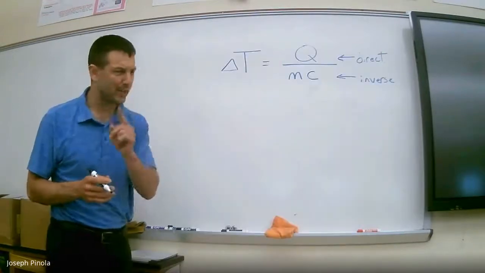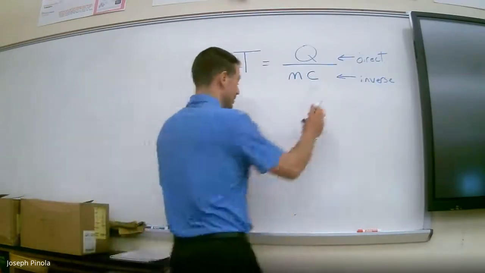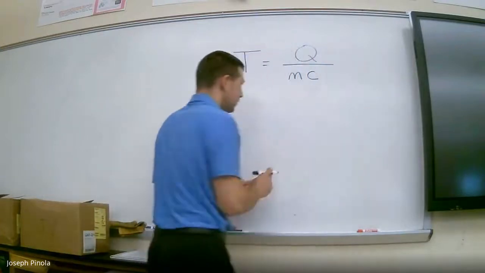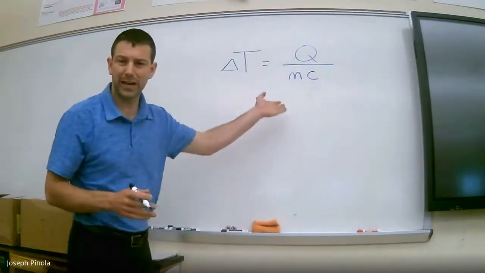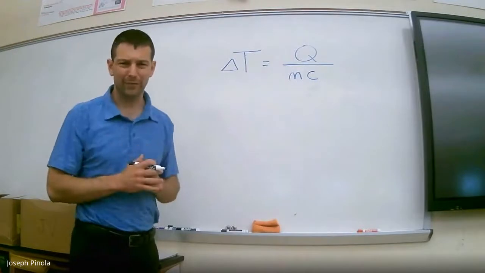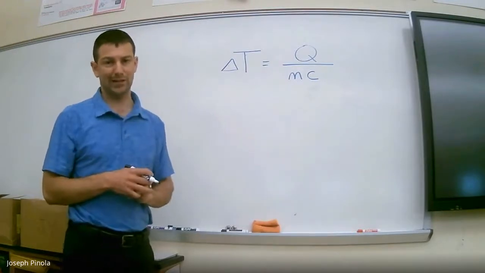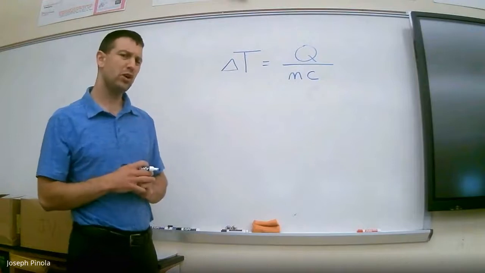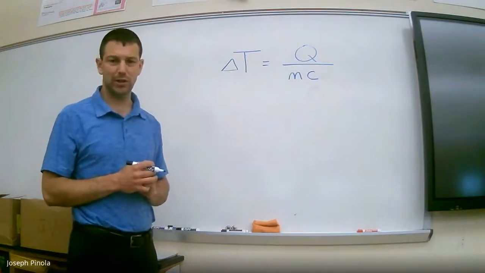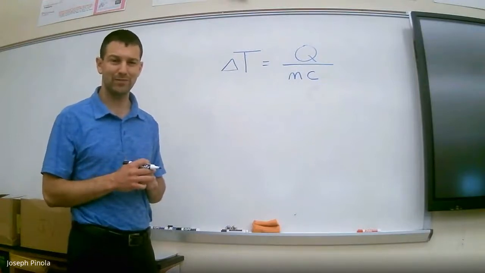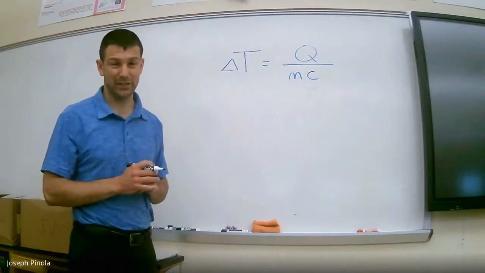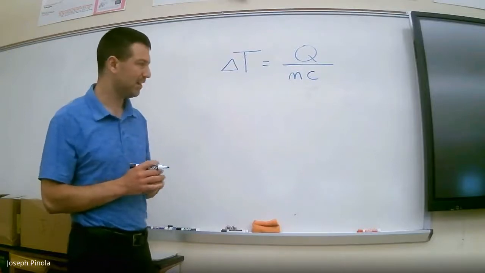Now, there's one thing I don't really like about this equation that we have up here, and that's the fact that it's a fraction. I don't really like fractions when dealing with mathematics, so I'm going to eliminate the fraction. Do you know how to eliminate a fraction in a mathematical equation? If you said multiply by the denominator, you'd be right. So let's do that.